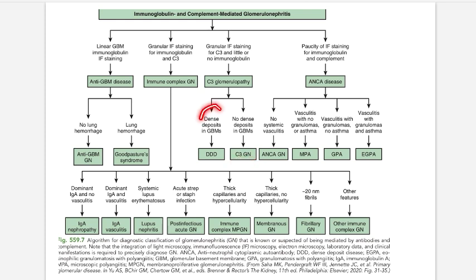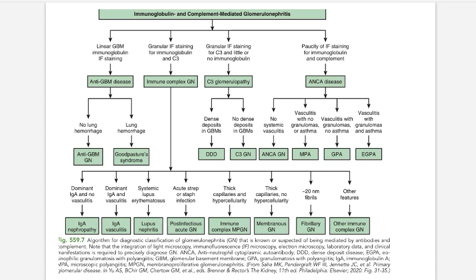If dense deposits are found, it is dense deposit disease. Next, if there is paucity of immunofluorescence staining for immunoglobulin or complement, this is ANCA disease. ANCA means anti-neutrophil cytoplasmic autoantibodies.